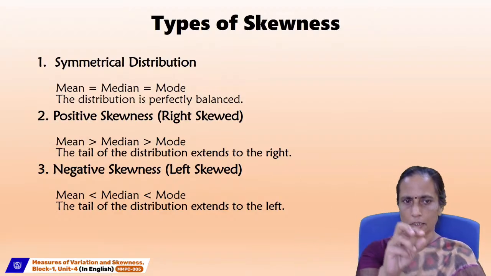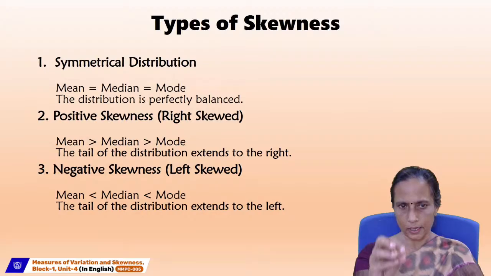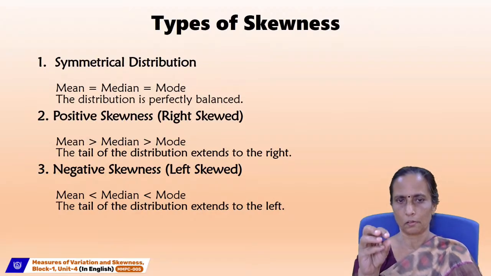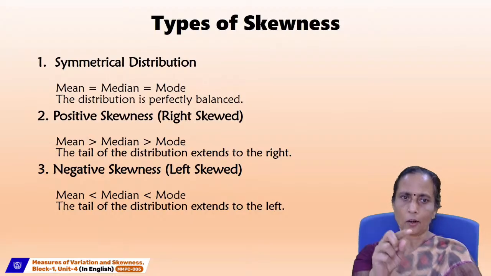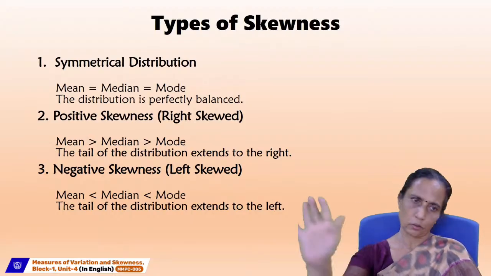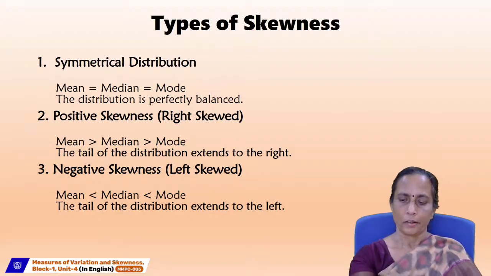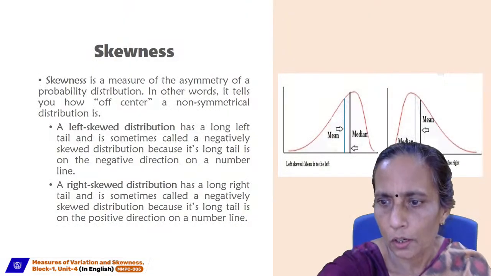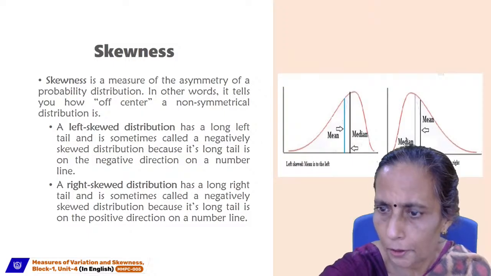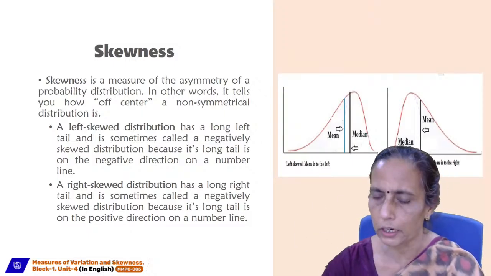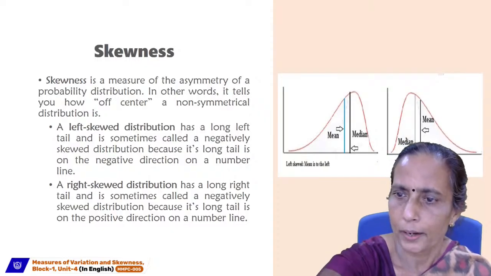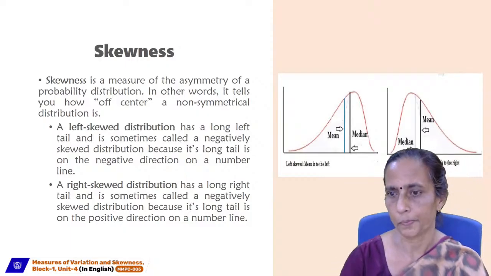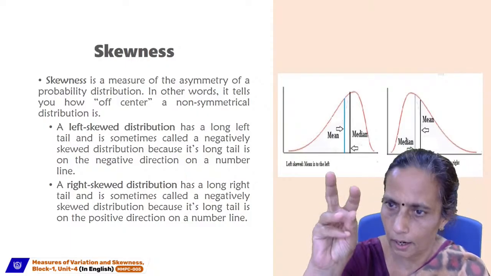In this case your mean is greater than median, which is greater than mode, and the tail of this distribution extends to the right. In a right skewed or positively skewed distribution, your median will be more than your mode and mean is further more. That means mean is highest.